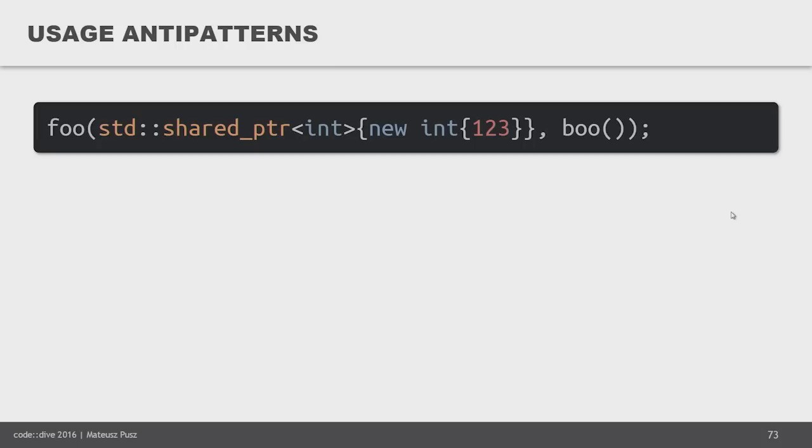And the next anti-pattern here is to use new explicitly, especially in that case in a function call. Consider what happens if bool will throw an exception. In such a case, the thing that was allocated by new, maybe earlier by the compiler, let's say, may never end up in our shared pointer, so it will never end up in our try-catch clause in this constructor, and may never be deleted.